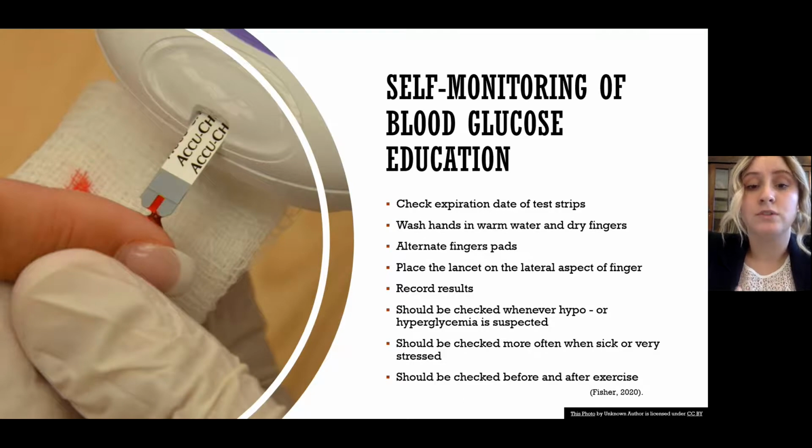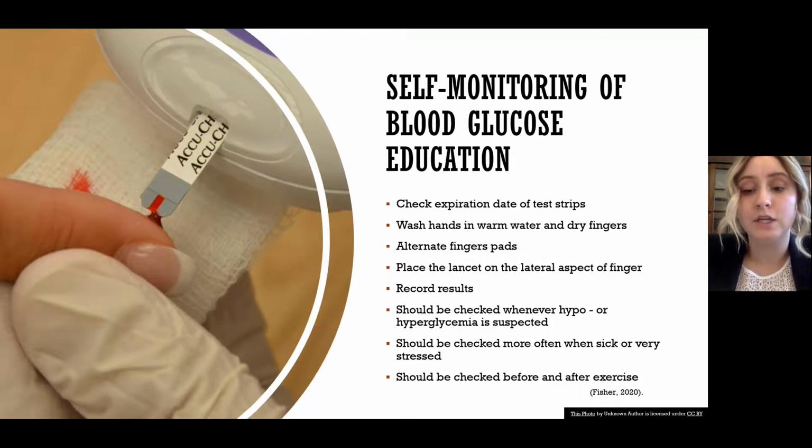So first and foremost, check the expiration date of test strips. Make sure the patient or yourself, depending on if this is what you're doing or if you're educating the patient, wash the hands in warm water and make sure your fingers are dry.